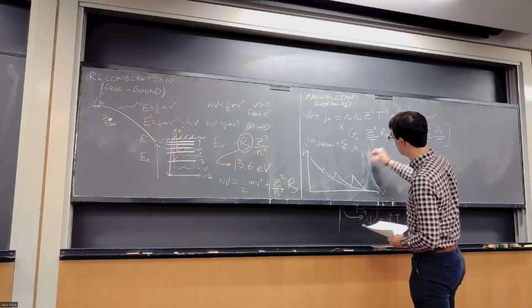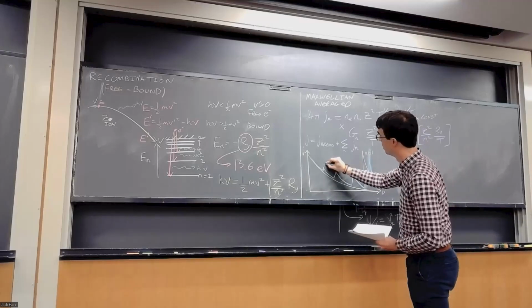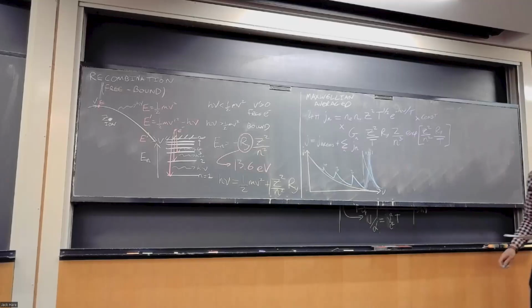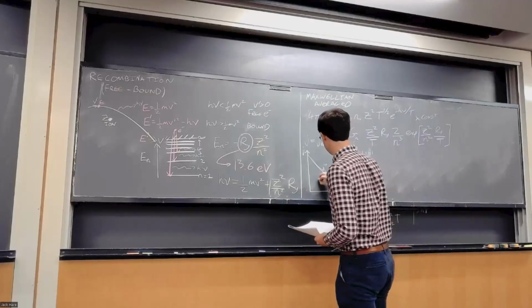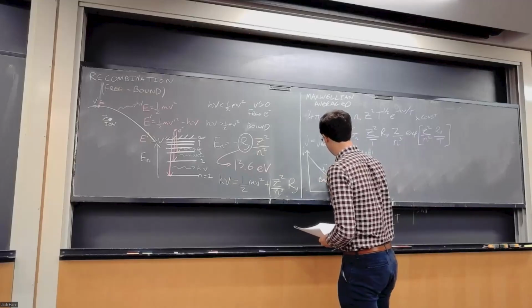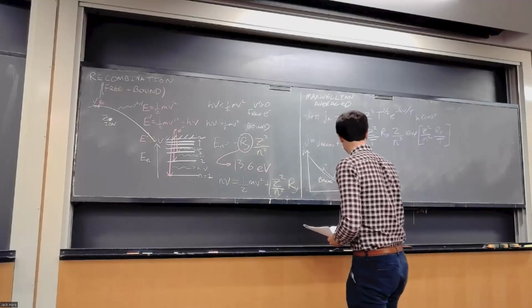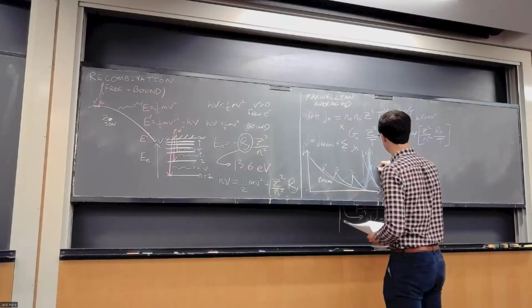This is n equals 1, 2, 3, 4, and all the way back up here. Where again, this is our Brems result. And this is our recombination.